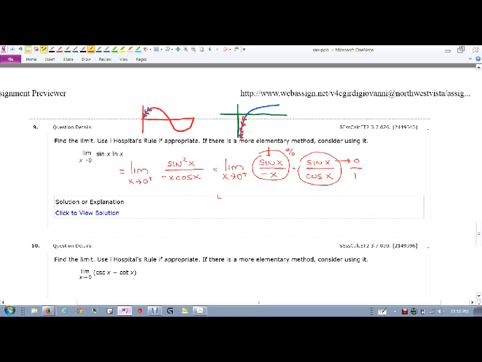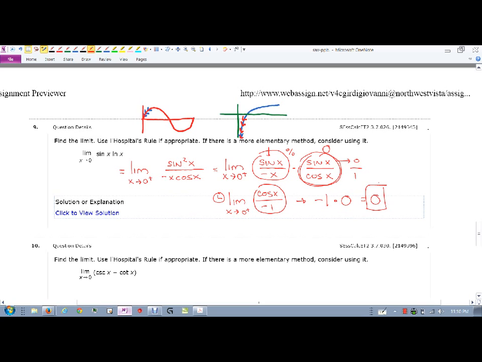L'Hopital on just that one piece, derivative of top is cosine x, derivative of bottom is negative 1. And now when I do the limit as x goes to 0 from the right, this one we already knew was going to go to 0, and this one right here, cosine of 0 is 1, we get negative 1. So this is all turning out to be negative 1 times 0, which is going to be 0.